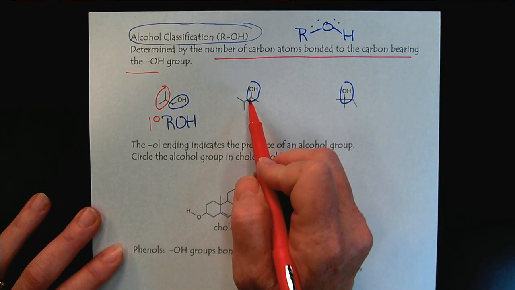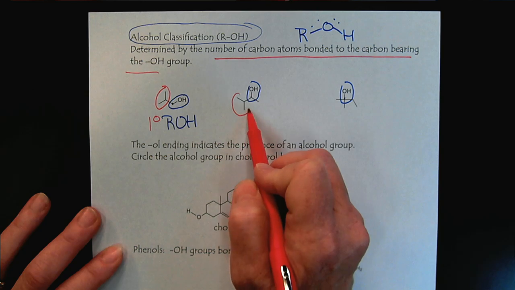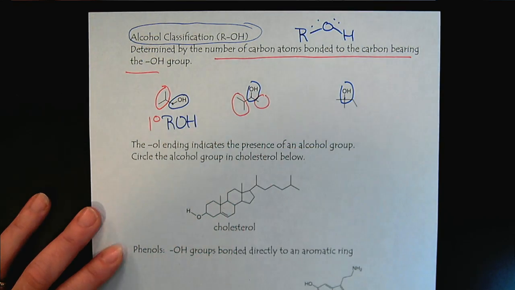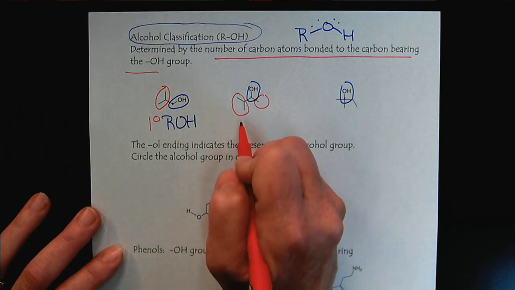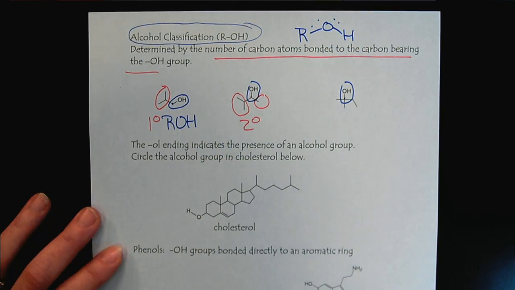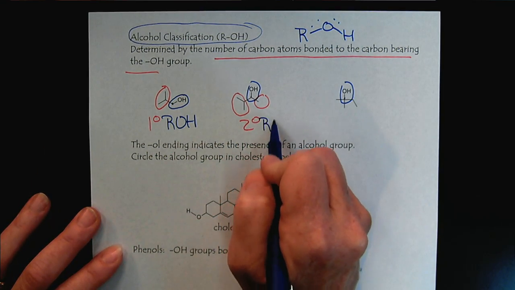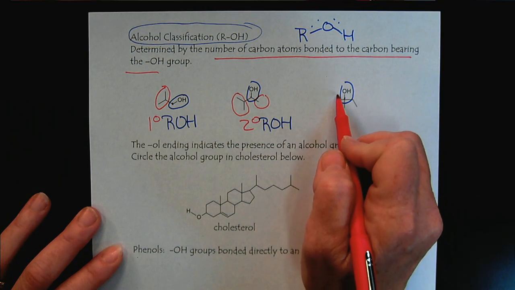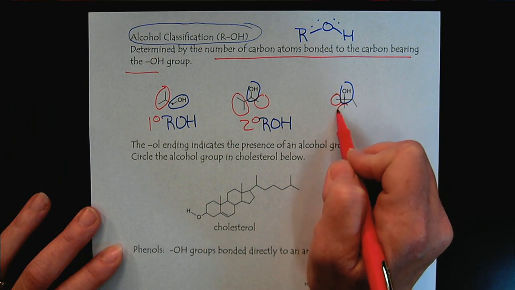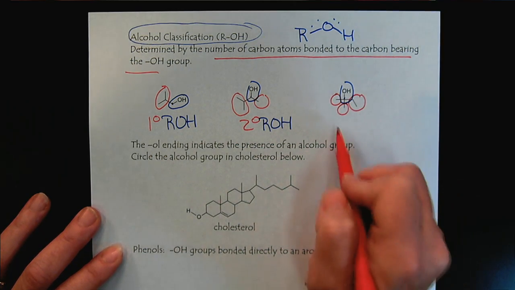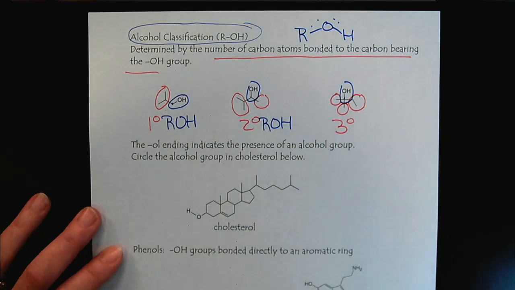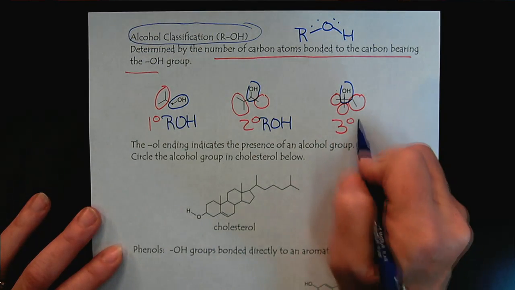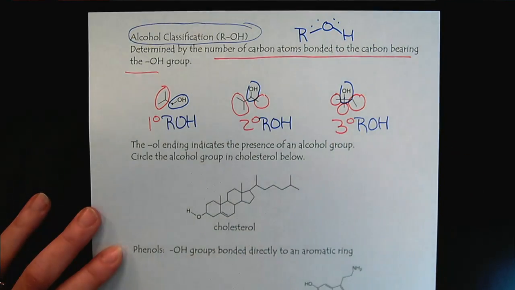Notice now, the carbon bearing the alcohol is bonded to 2 other carbons, because carbon can have up to 4 bonds. So we would describe this as a secondary alcohol. And then in our third example, we see that the carbon that's bearing the alcohol is bonded to 3 different carbons. So we would describe this as a tertiary alcohol.